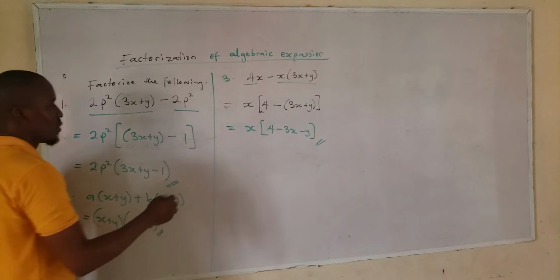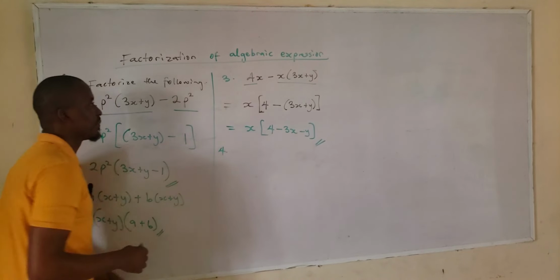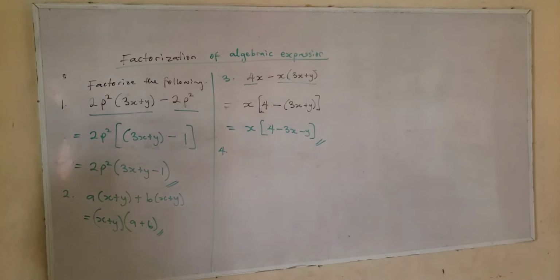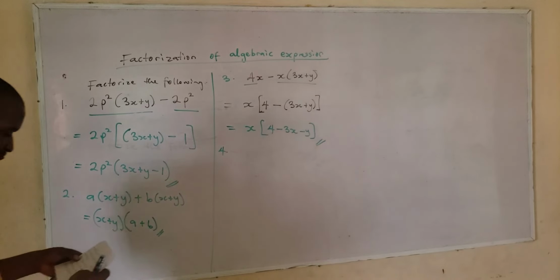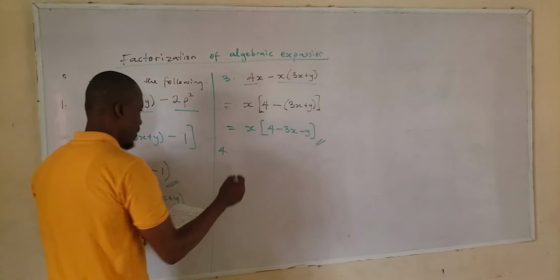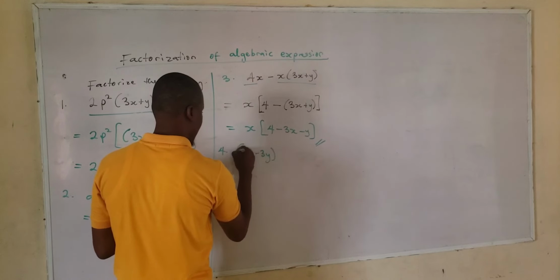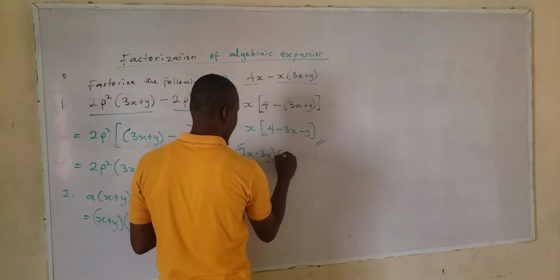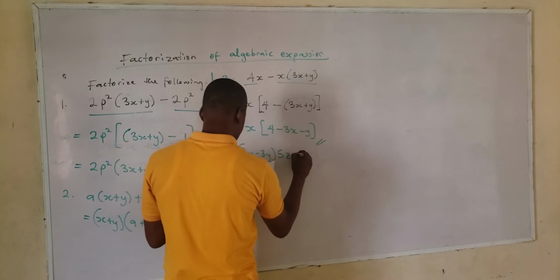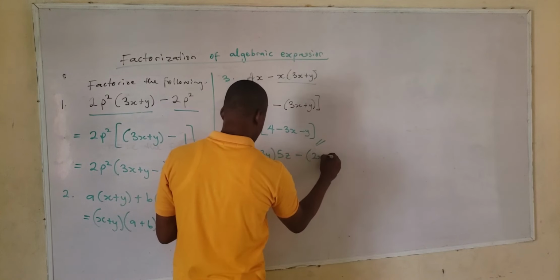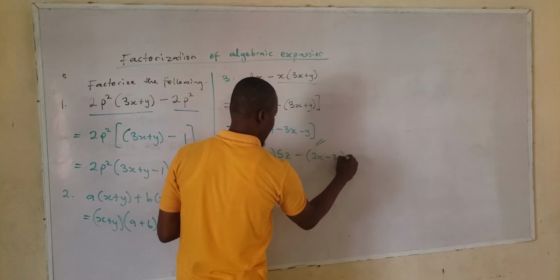Okay, so let's go to question number 4. Question number 4, we have 2x minus 3y into 5z minus 2x minus 3y squared.